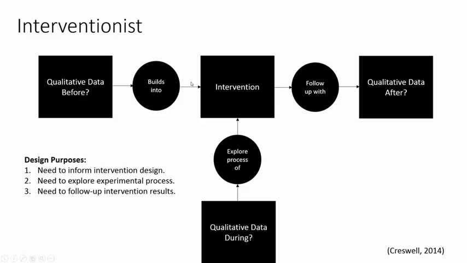So here I put all of this into one slide, and it looks like quite a bit, but you can really think of this as having three different studies. So if you take the first, the square, qualitative data would be before.